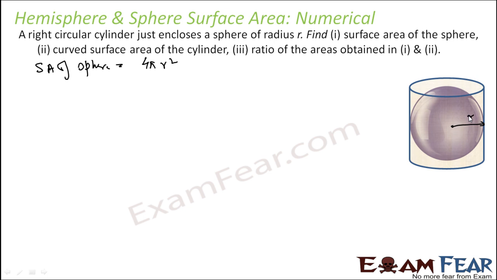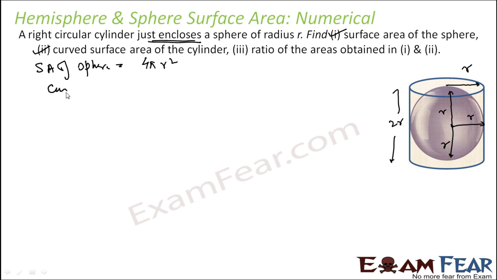One part is done. Second part, curved surface area of the cylinder. For cylinder also, if you see, the radius will be r, but height will be 2r. Why? So if you see, this length is r and this length is also r. So if we add r plus r, the height will be 2r, because it just encloses.